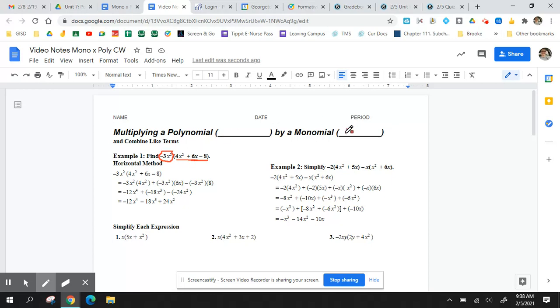So this is going to be a one-term kind of a deal, and your polynomial will be more than one. Polynomial is kind of the generic term. This is a monomial, it has one term. If you have two terms, like the example in number 1 down here, that is called a binomial.